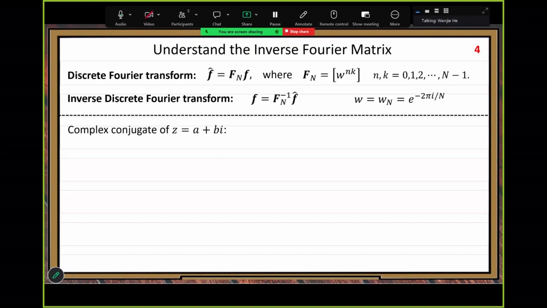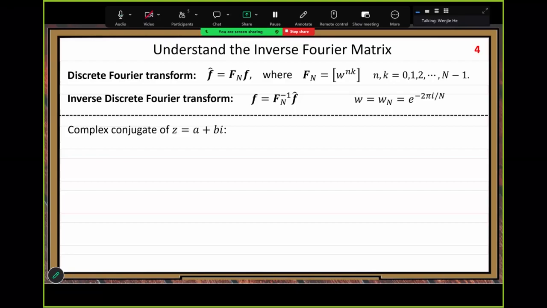Basic knowledge of the complex conjugate. For a general complex number, most of the time people use z to represent it.